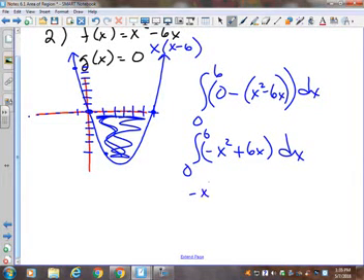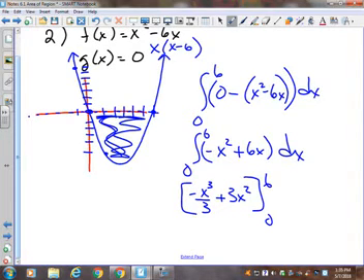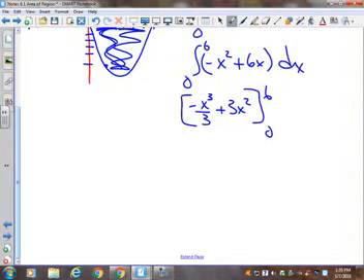Negative 1/3 x cubed plus 3x squared. Does that sound right? And we're going to put in 0 to 6. Now, we know when we put 0 in that, we're going to get 0. So we just have to really work out 6.